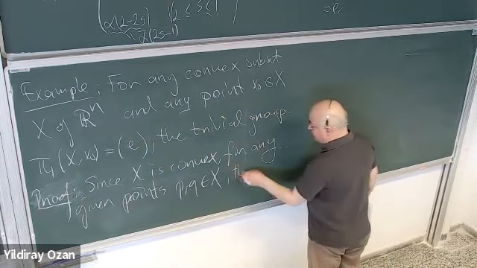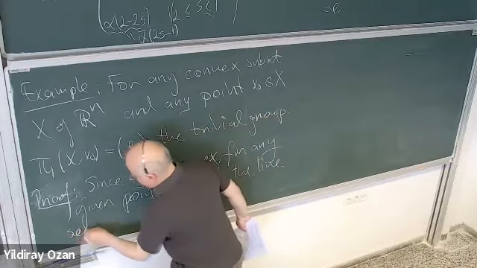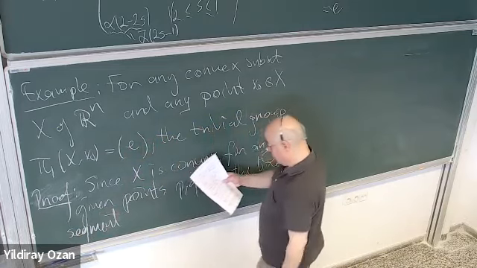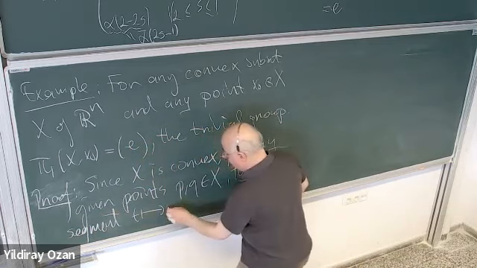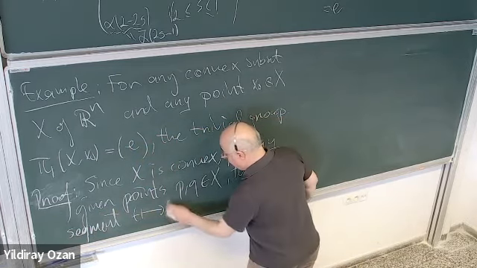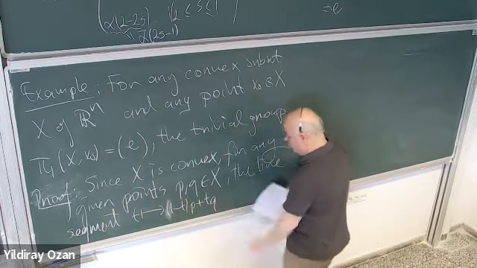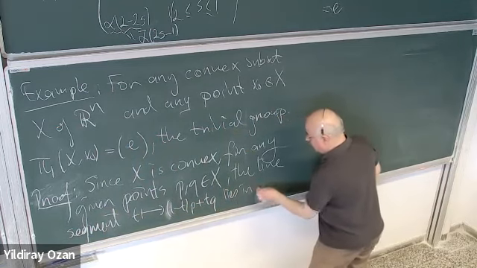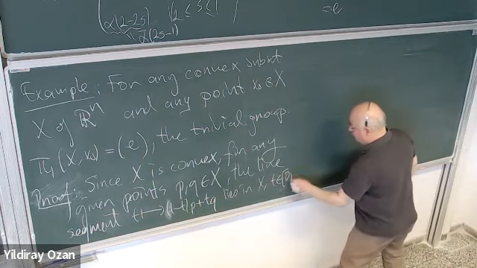The line segment parameterized by t goes to (1 minus t) times P plus t times Q lies in X. Here t is between 0 and 1.